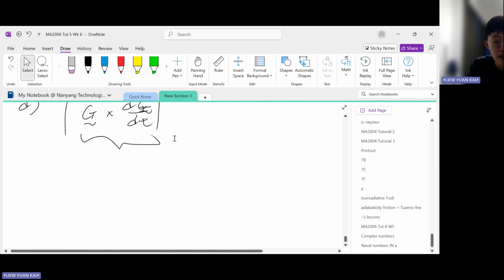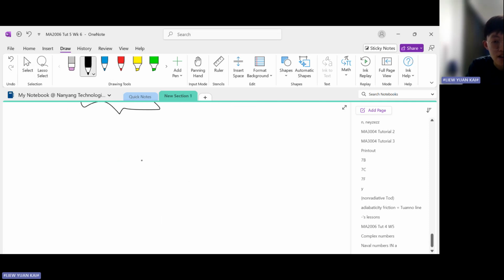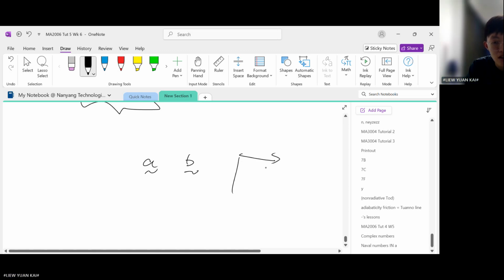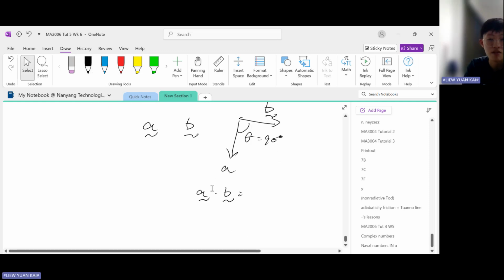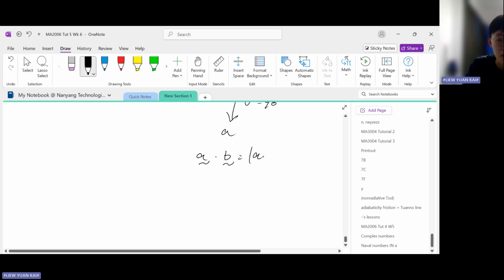Okay, remember that the dot product of any two perpendicular vectors is 0. And let me quickly go through why again. So suppose I have vectors a and b who are separated by an angle of 90 degrees. This is a, this is b. They're separated by an angle of 90 degrees. A dot b, there's another formula for dot product, and it is magnitude of A, magnitude of B, cosine theta, where theta is the angle of separation.